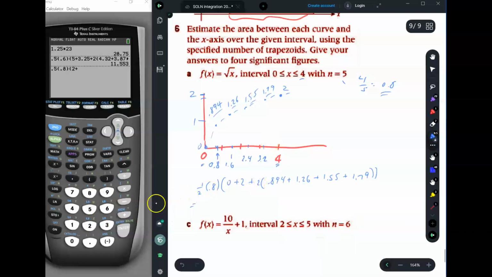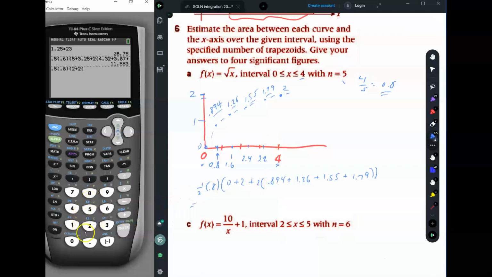And then I'm putting 2 times all the inside heights, which are going to be 0.894, 1.26, 1.55, 1.79.